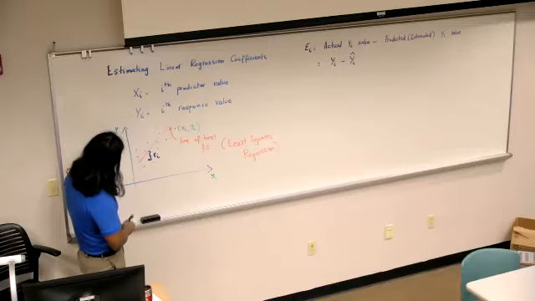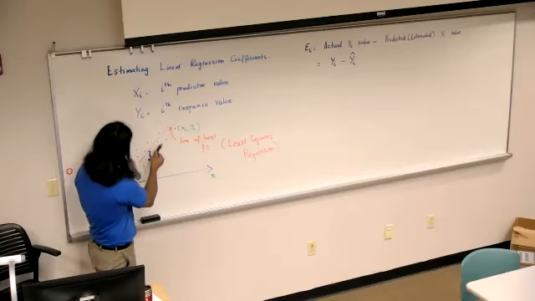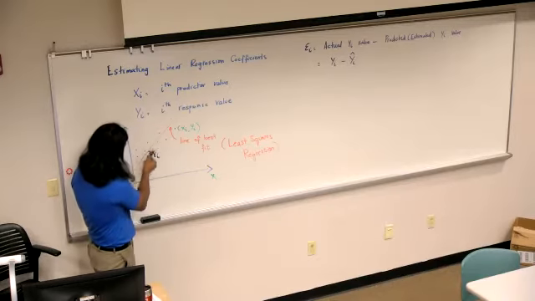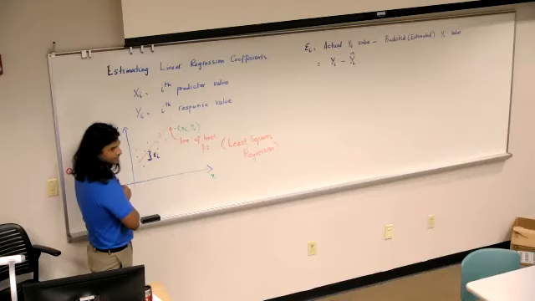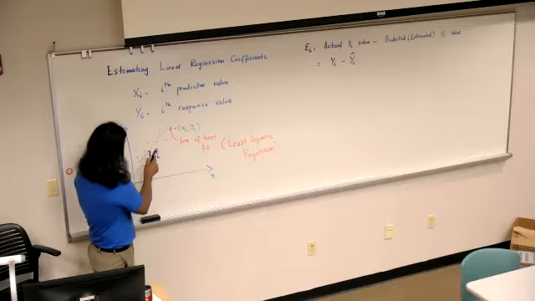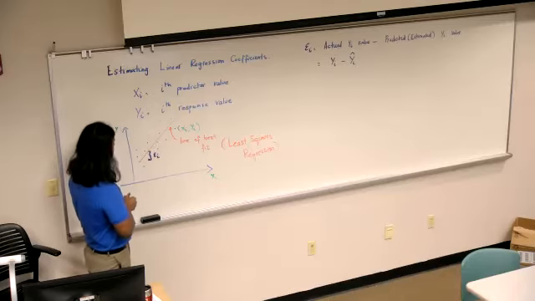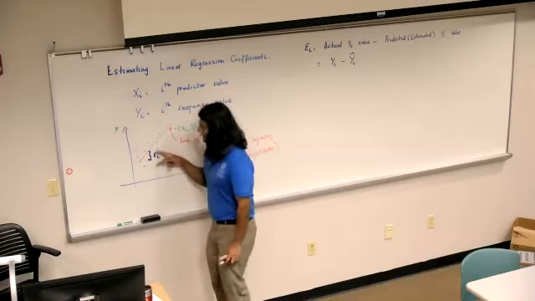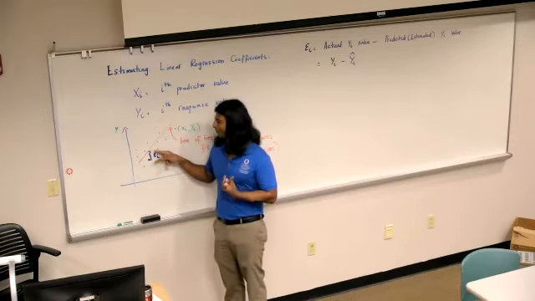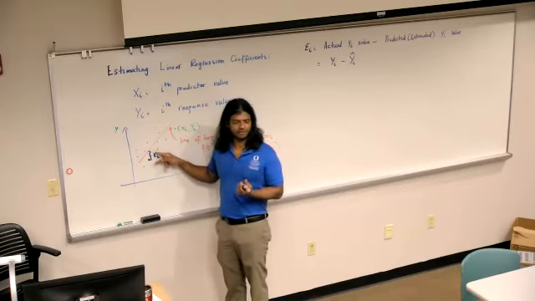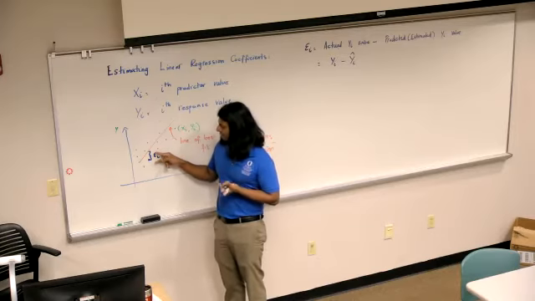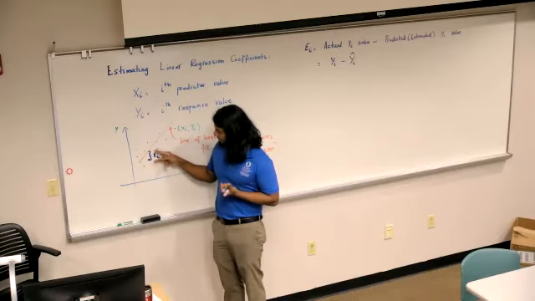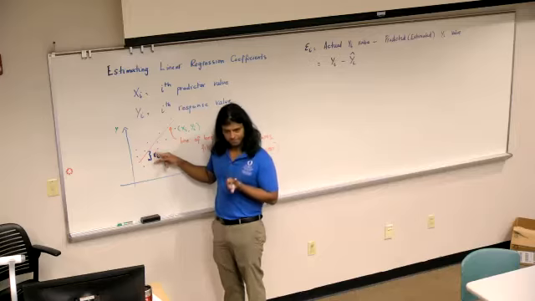So I've got a bunch of candidates. That one, that one, that one. This one. That's the closest one. Great. Now, in mathematics, if things are close, then the distance has to be minimal, right?